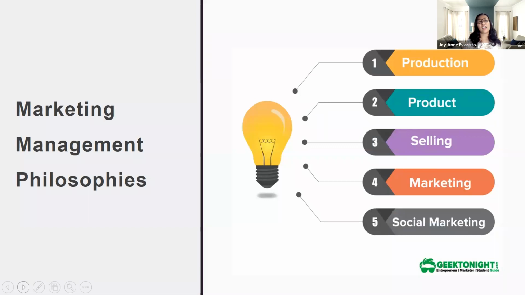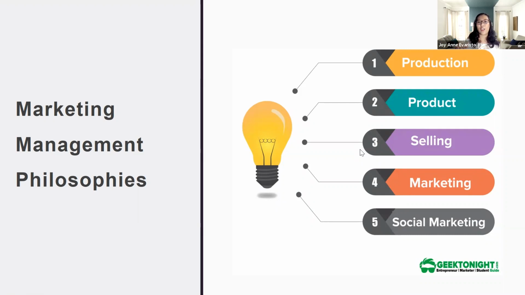Another thing: under marketing management philosophies, there are 5 philosophies. We have the production, product, selling, marketing, and social marketing concepts. The first 3 are quite easy to understand; they are in your text.